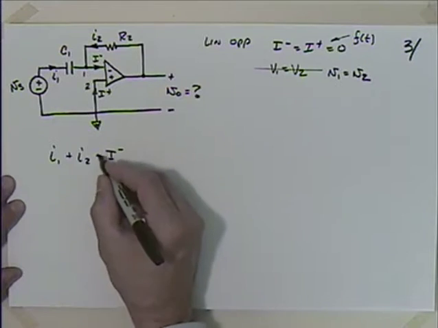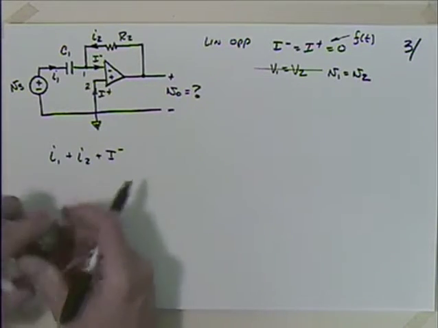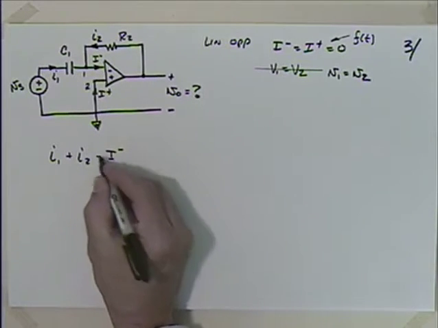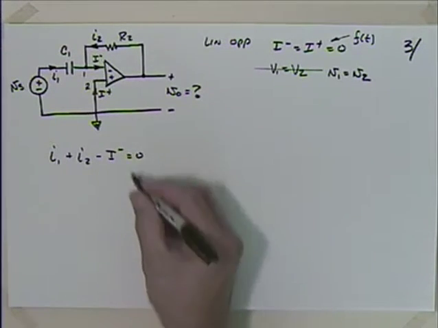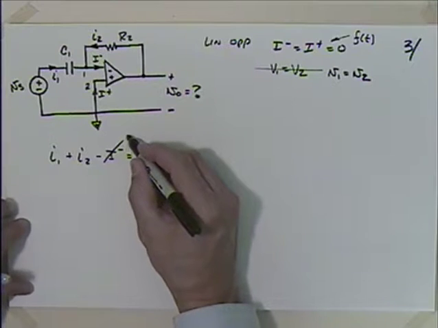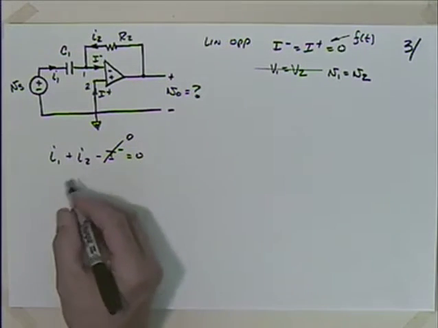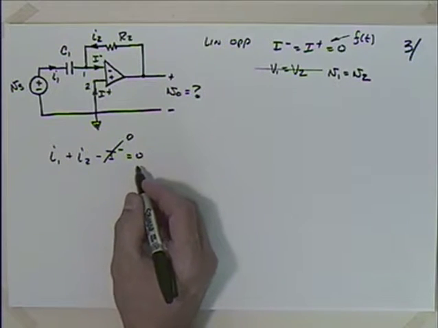Technically you'd say this would be a negative I minus, since it's leaving, but it's going to turn to 0 anyway. So that's equal to 0. We recognize then that this goes to 0, and we have I1 plus I2 is equal to 0.